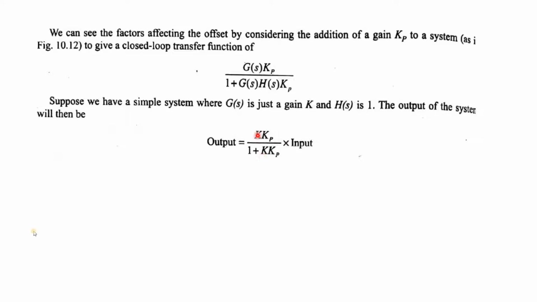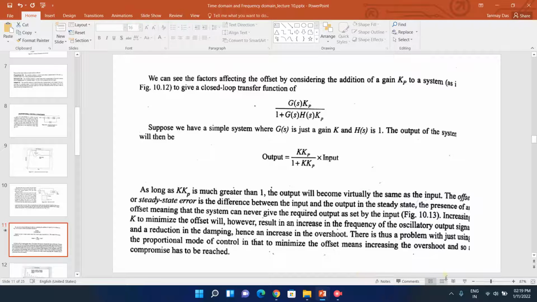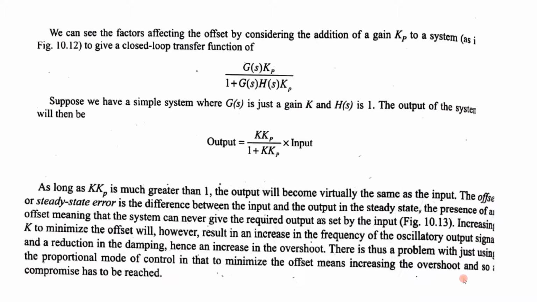From this equation, the input and output depend upon the value of Kp. If Kp is too high, then the output and input can be almost equal. The proportional controller works in such a way that the more the error, the more the gain, so that the output can reach towards the input and we can minimize the error.